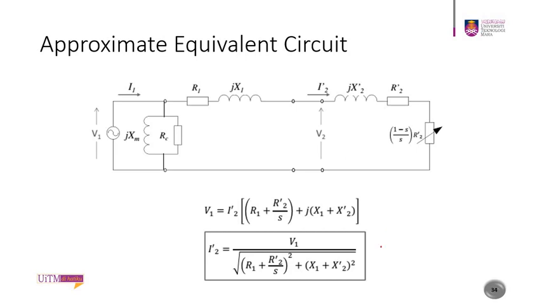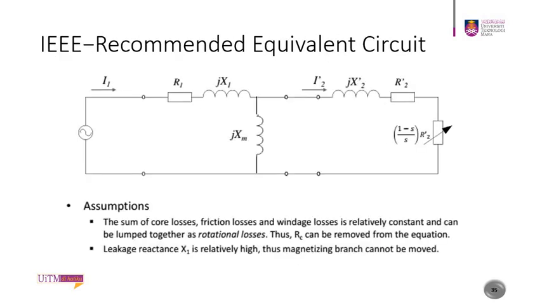From there, this will be the voltage and current equation. Next is the IEEE recommended equivalent circuit. The assumption is that the sum of the core losses, friction losses, and windage losses is relatively constant and can be lumped together as the rotational losses.